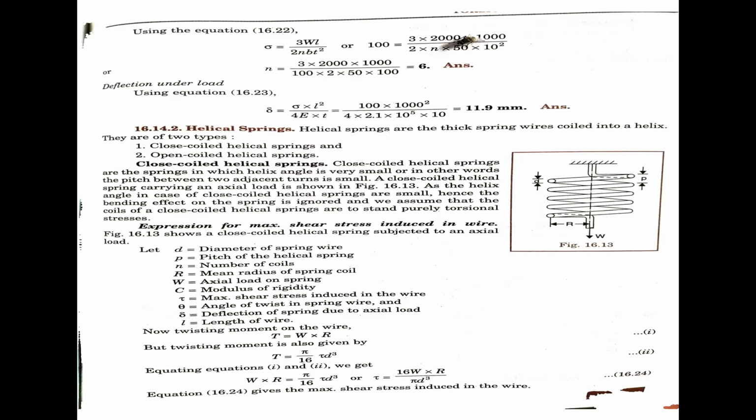Okay. Next, expression for deflection of spring. We have to calculate the deflection for a closed coil helical spring. The length of one coil is pi d, that is, 2 pi r, the perimeter of the coil.